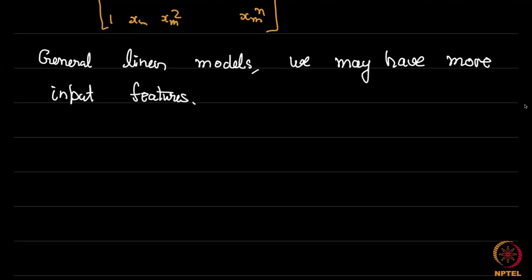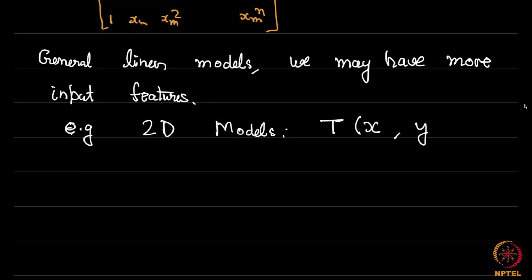So for example, we could have a case where, instead of one dimension, we have two-dimensional models. We had temperature as a function of x in one dimension, but it could be temperature of x comma y.